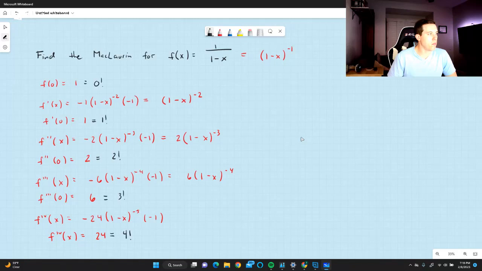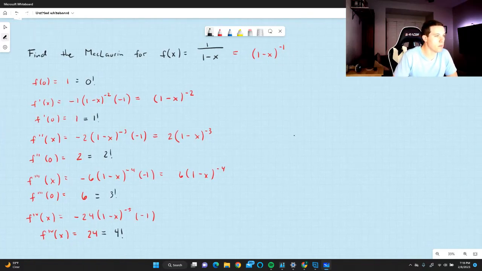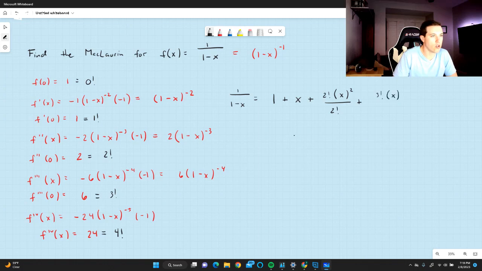All right, let's build the MacLaurin series. So the first term is 1. So 1 over 1 minus x is equal to 1 plus 1 times x, so x, plus 2 factorial times x minus 0 squared over 2 factorial, plus 3 factorial times x cubed over 3 factorial, plus 4 factorial times x to the 4th over 4 factorial.